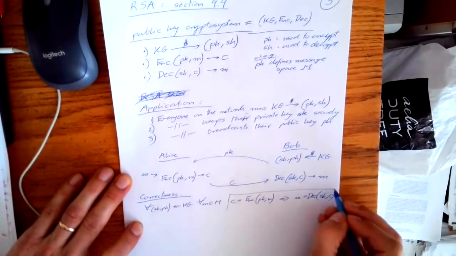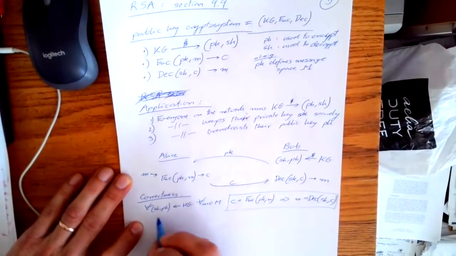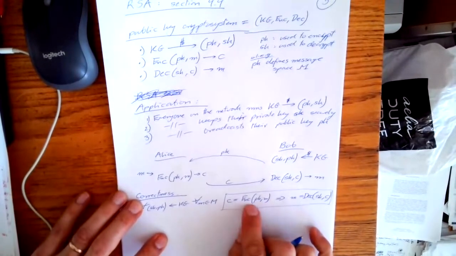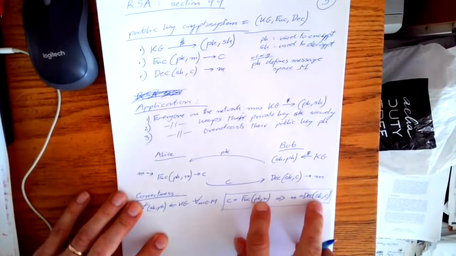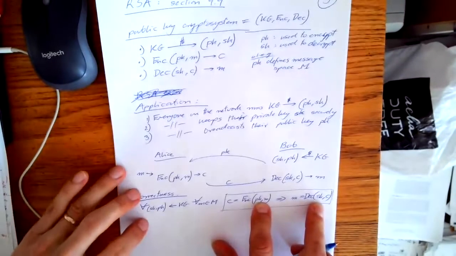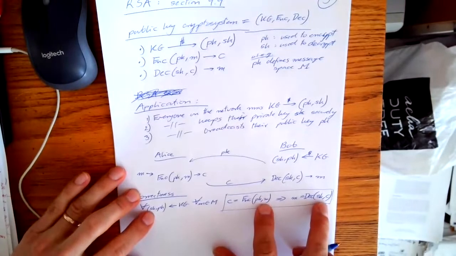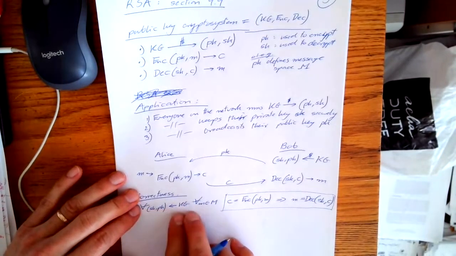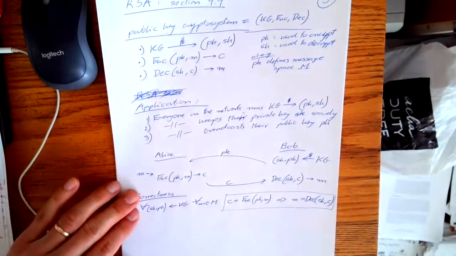So this implication will hold. If you run encryption on the PK and decryption on SK, where they were generated together by this key generation algorithm.